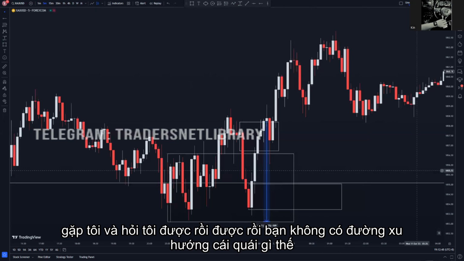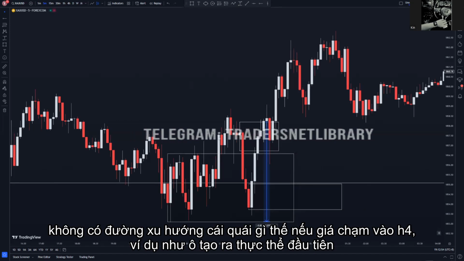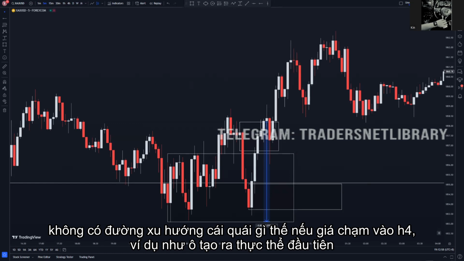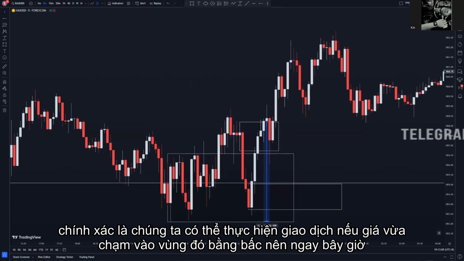Do you no trend line? What the heck is that? If price touches an H4 EG sell, creates a first entity trade control zone, but fails, it creates another trade control. We consider even the sec. Yes, exactly.